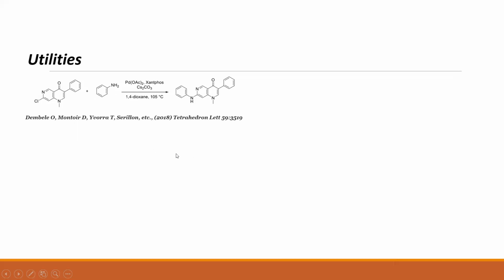One such application was cross-coupling the chloride with aniline under conventional Buchwald-Hartwig conditions using palladium acetate, Xantphos, cesium carbonate heated at 105 degrees in dioxane. As the chloride atom at the carbon 7 position was hard to displace, microwave-assisted heating was required from 1 to 5 hours. Then it provided the corresponding amine in a satisfactory yield.